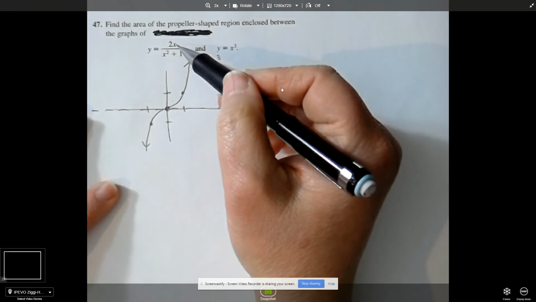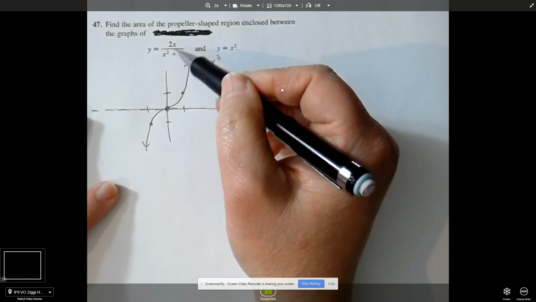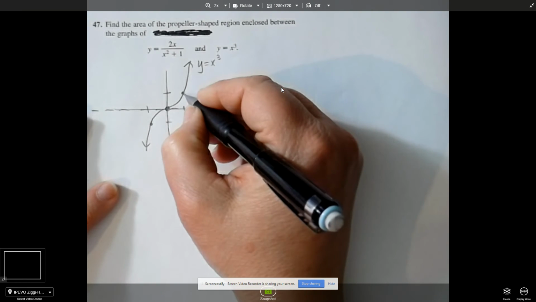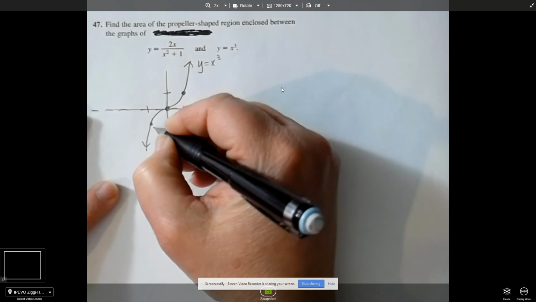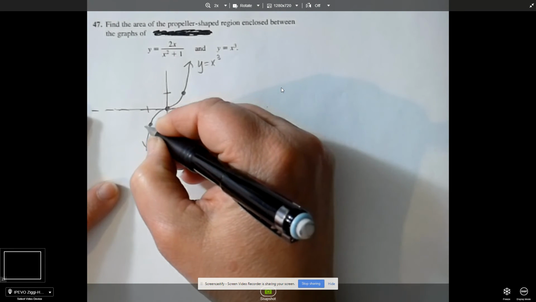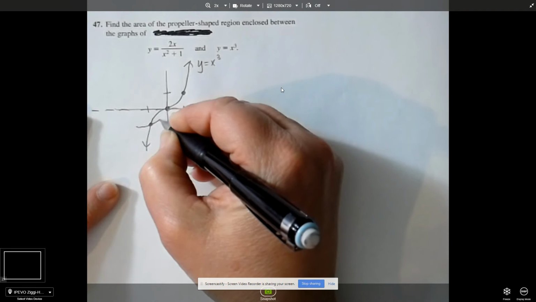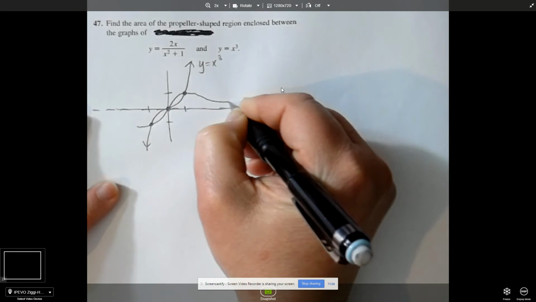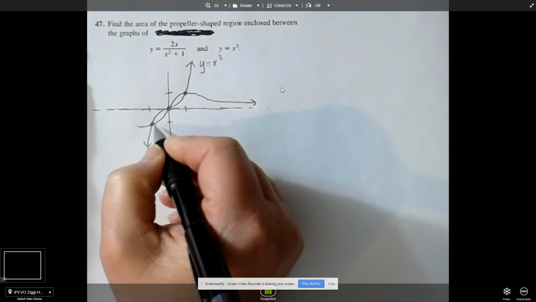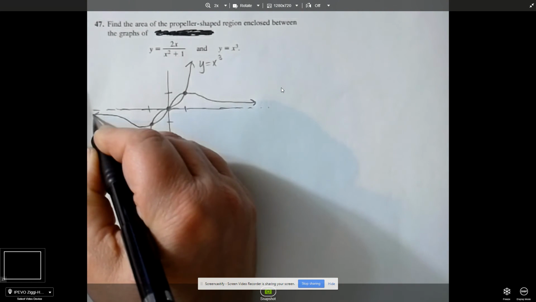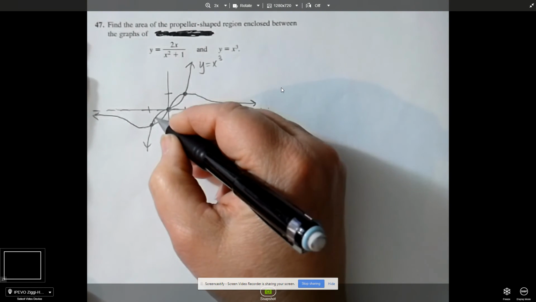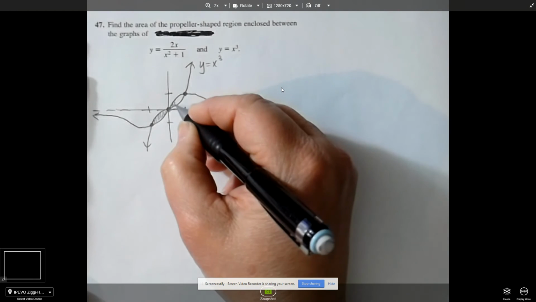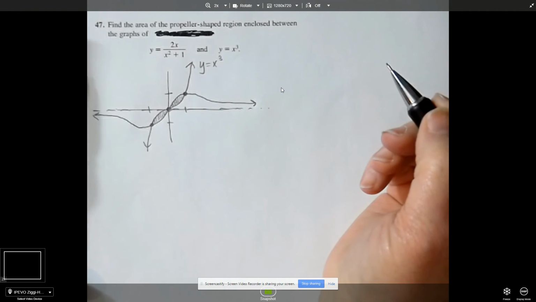And then when x is 1, we get 2 over 2, so that's 1. And since it said propeller region, I'm suspecting that it's going to look like this, because then that looks like a propeller, and then this is going to come back down and approach the axis as x goes to infinity. So these are the propeller regions that they are talking about.